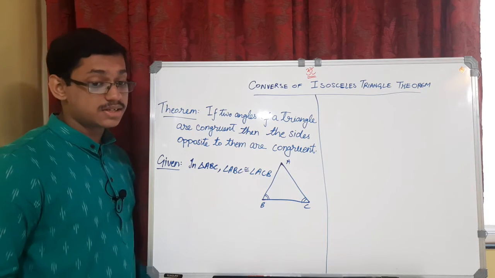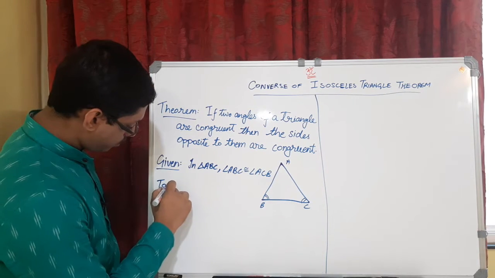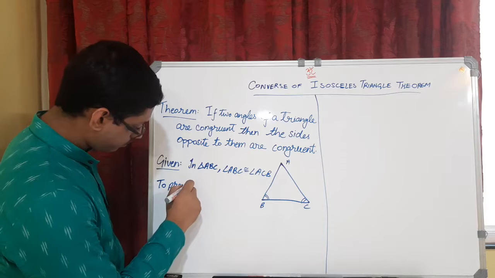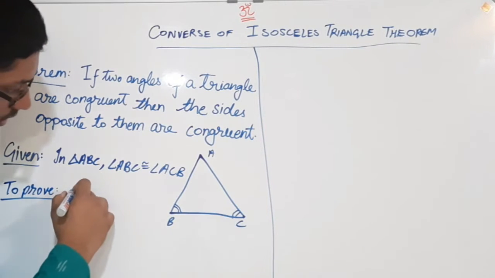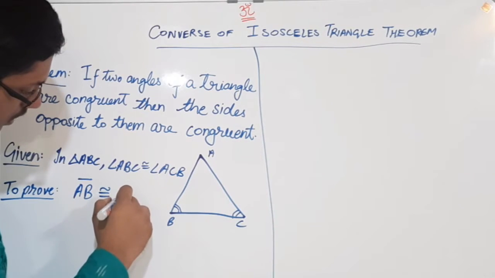Now tell me, what do we have to prove? Sir, side AB is congruent to side AC. Very good. To prove AB is congruent to AC.